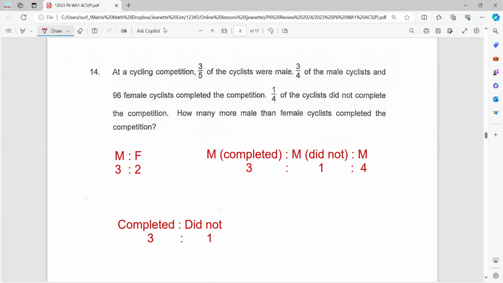Now, what is the common base between, let's look at this. This male and female, okay, so basically all the cyclists, you can either group them by gender, like male and female, or you can group them by those that completed the competition and those that did not. Either way, the total is the same. So let's find the common base, which is the total.